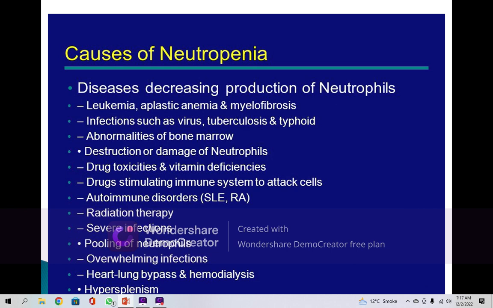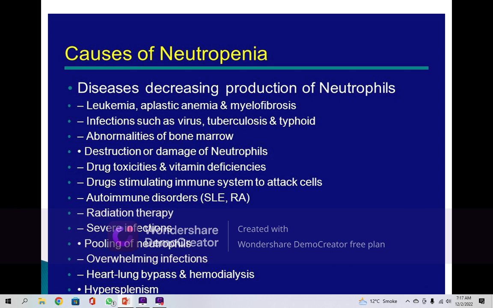Even you will see this condition with leukopenia, or it may be with normal leukocytes. It may be normopenia. I mean to say that even when the total count is normal, the neutrophil leukocytes are decreased.